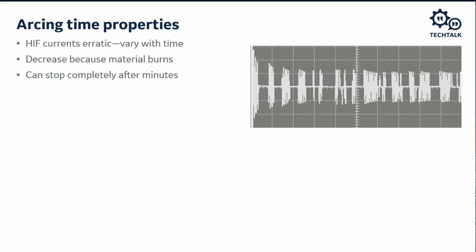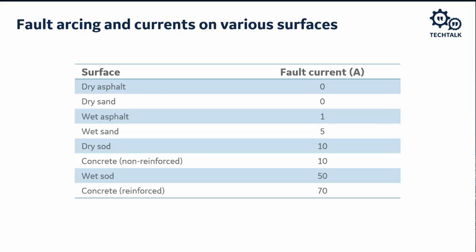And high impedance faults can persist from seconds to minutes, and sometimes for days. This makes it a challenge to detect and classify these faults. Fault arcing and currents differ on various surfaces, as shown in this table. Without arcing current, high Z detection is unable to declare a down conductor.